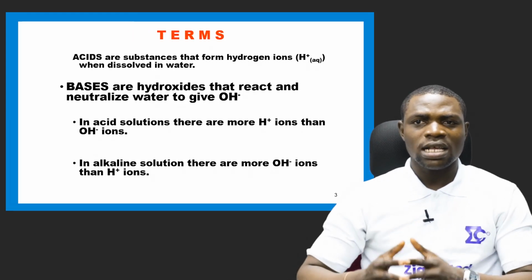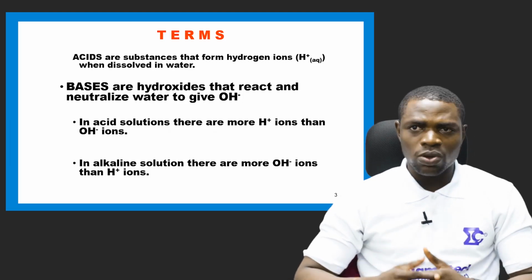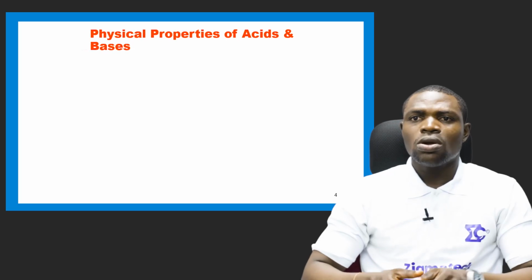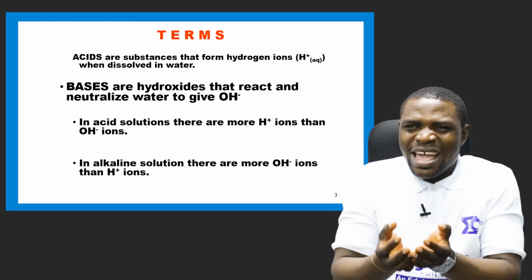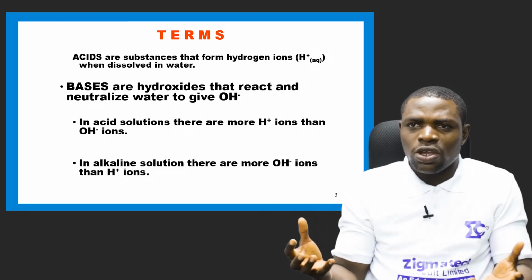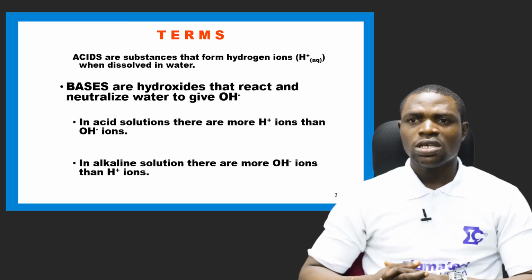What exactly is acid? Acids are substances that form hydrogen ion when dissolved in water. Any substance at all that, when dissolved in water, gives out hydrogen ion, the positive ion, such a substance is an acid.